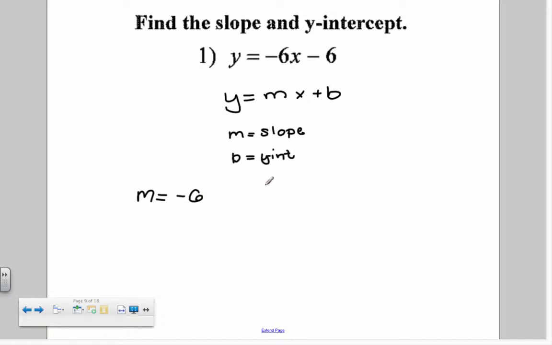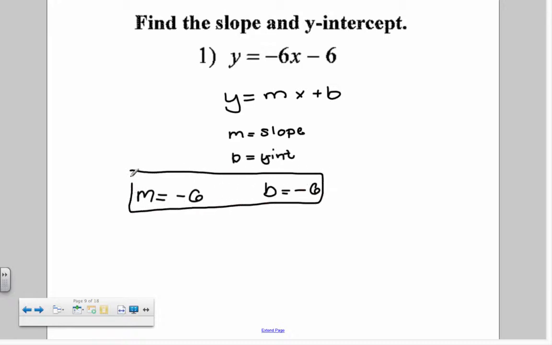And my y-intercept will be my b, which in this equation is also -6. Make sure that you include any negatives, especially when you're talking about b. That can be confusing. But as long as it's in slope-intercept form, it should be no problem. If not, you need to put it into slope-intercept form by solving for y.